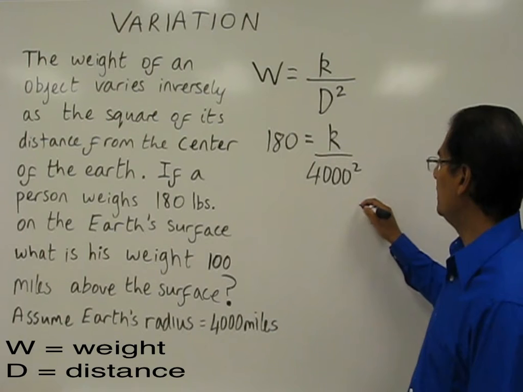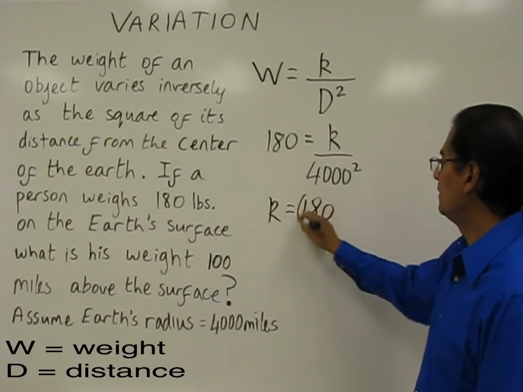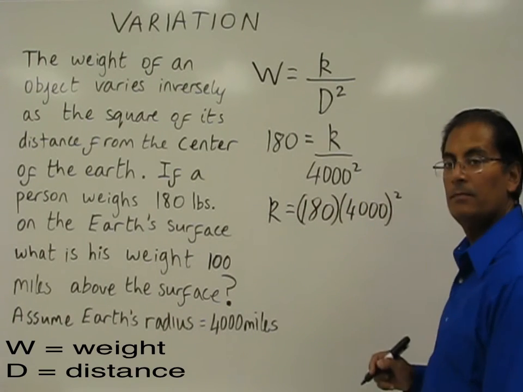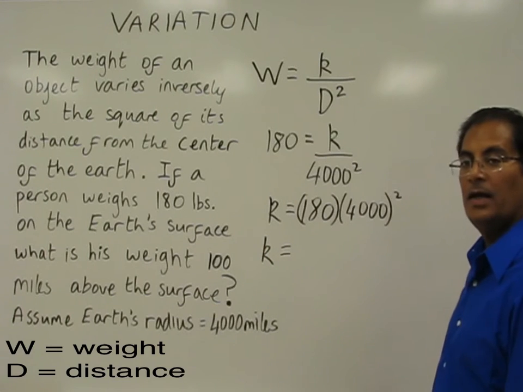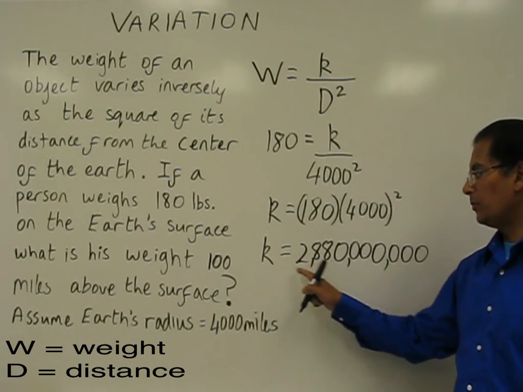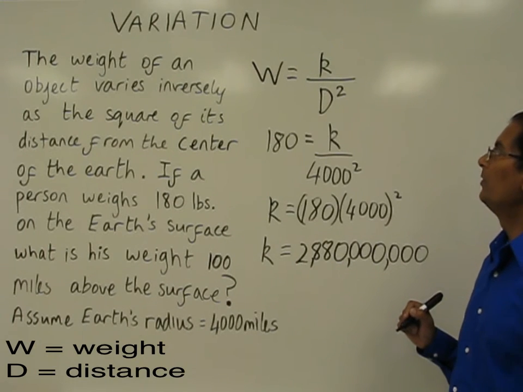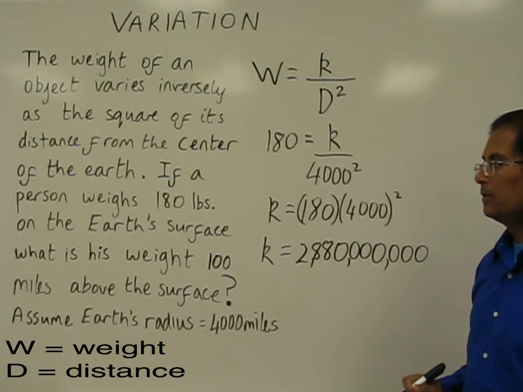So k is going to be equal to 180 times 4,000 squared. We plug that in our calculator, and we get k equal to 2,880,000,000. That's our k.